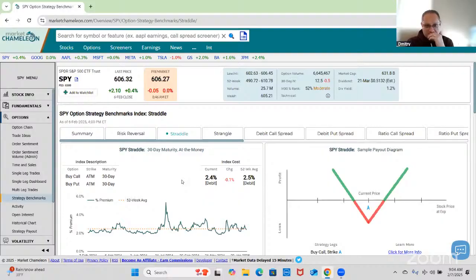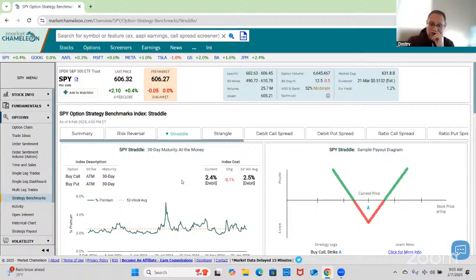In other words, if it says 2.4% in our case, for every $1,000 worth of stock, it's like $24 in cost of a straddle. That's the way you would think about it: how much premium am I paying relative to the stock price? So that's 2.4%.